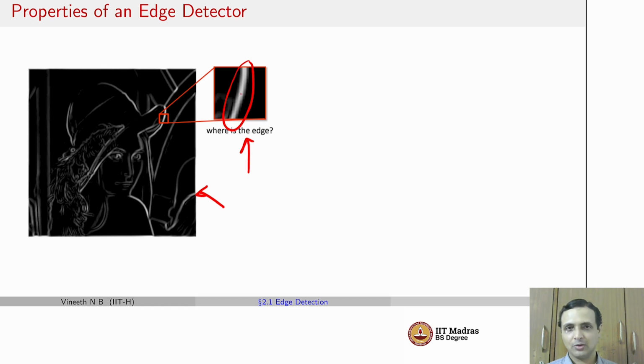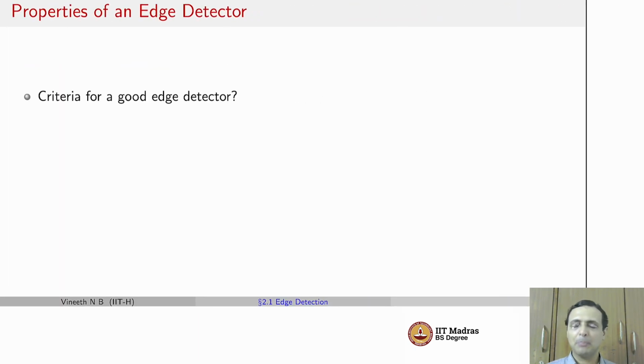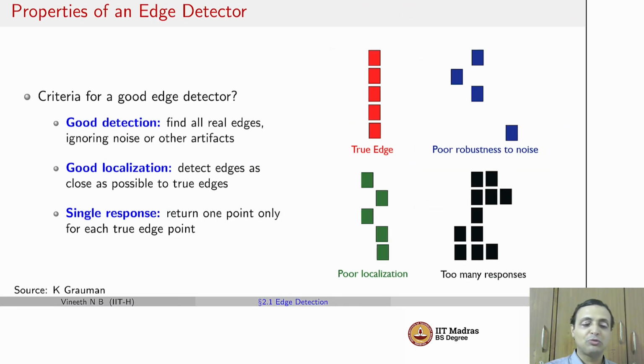But clearly, when we say we want an edge, we expect certain properties to be met. We have certain expectations of what edges should look like. What do they look like? Let's first define them. The properties of a good edge detector are, firstly, good detection. What does that mean?